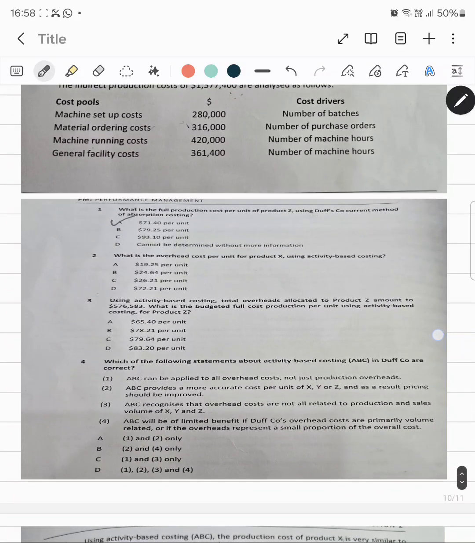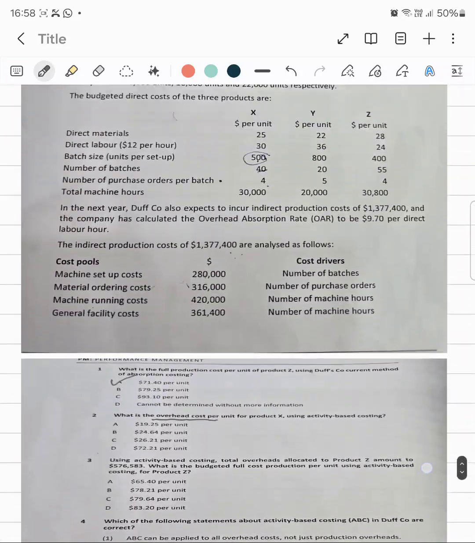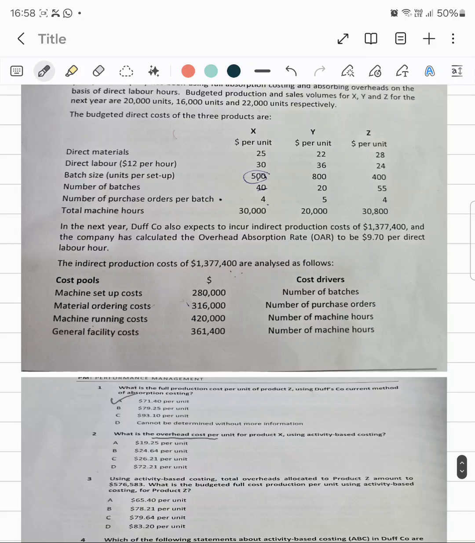What is the overhead cost? Please underline this, because it is asking us what is the overhead cost per unit of product X based on activity costing. We do not need to calculate the prime cost the way we calculated it for product Z, because for product Z it was asking for the full production cost.